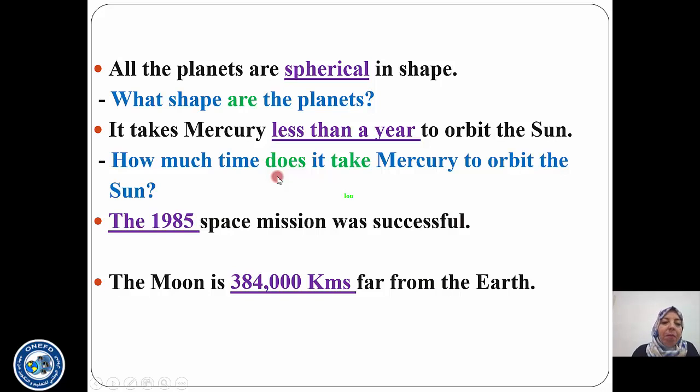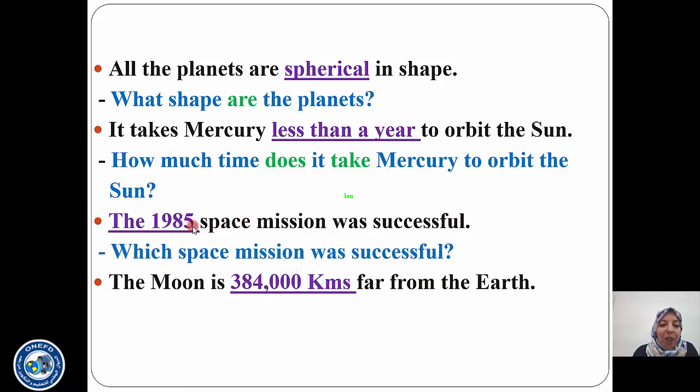The 1985 space mission was successful. So the underlined word here is the 1985. All right? So the question is which space mission was successful? We know it is a space mission, but we don't know which one.